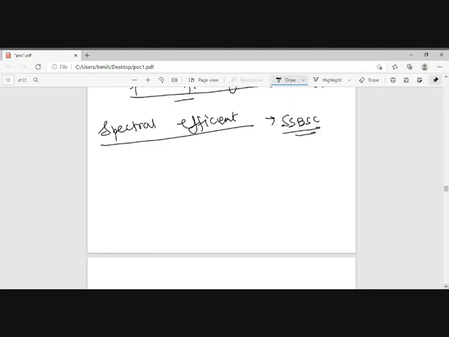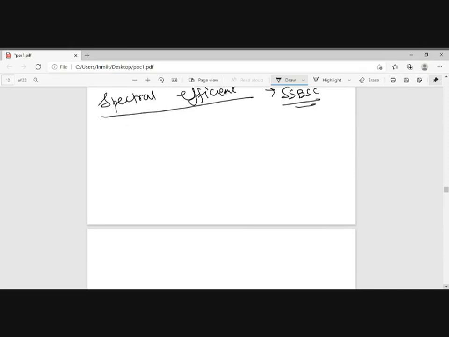So when we are talking about any modulation scheme, we are talking about its mathematical representation. For us, SSB(t) will be equal to Ac Am by 2 cos of 2 pi (fc plus minus fm) t. I can take either plus or minus.